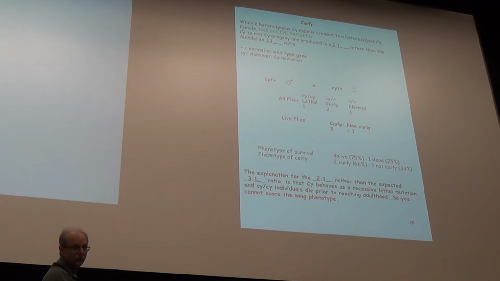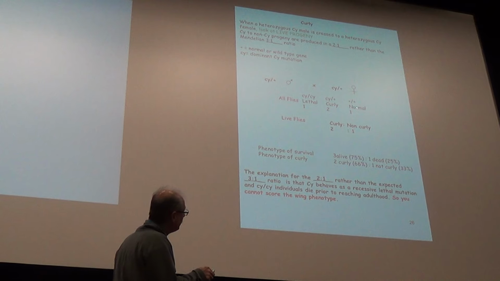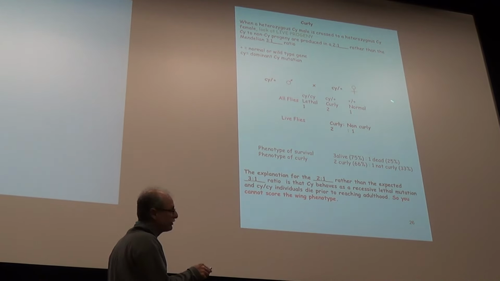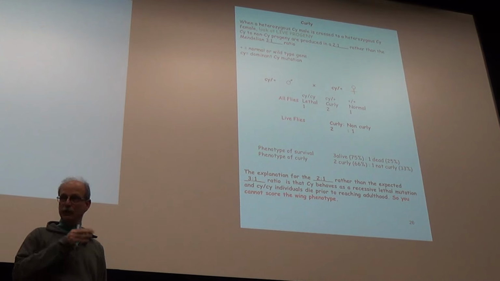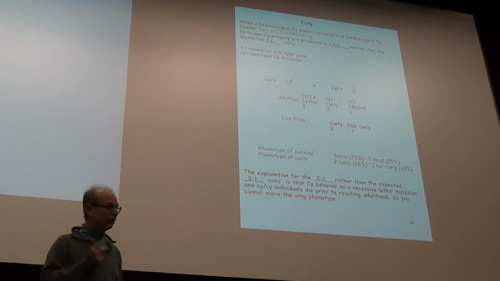So we're going to cross it to this individual, and we're going to ask the question in a test cross, what phenotypes do we observe? If you take this fly and cross it to the same genotype, plus plus to plus plus, all of the flies should be normal. If we take this class and cross it to this, 50% should be normal and 50% should be curly because it's a test cross of a single gene.